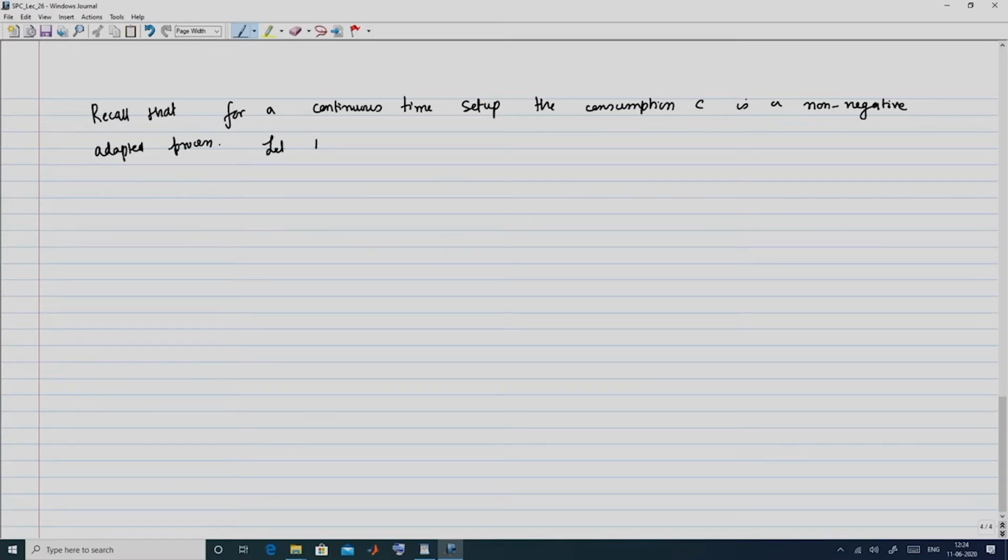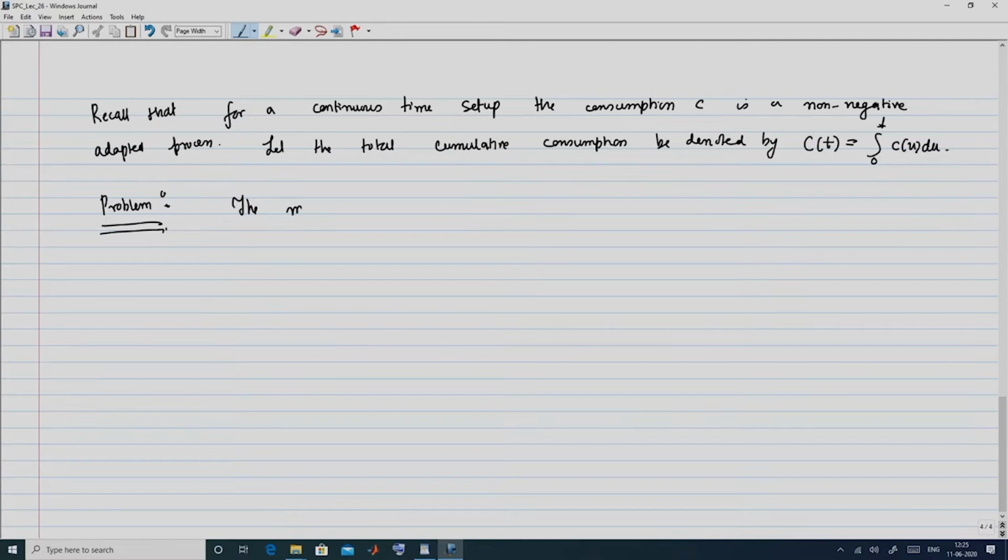Accordingly, let the total cumulative consumption be denoted by C of t, which is the integral from 0 to t of C of u du. So now we are in a position to state the problem.